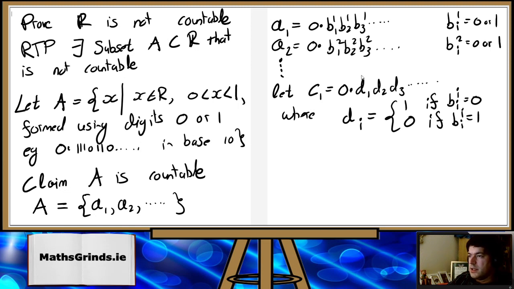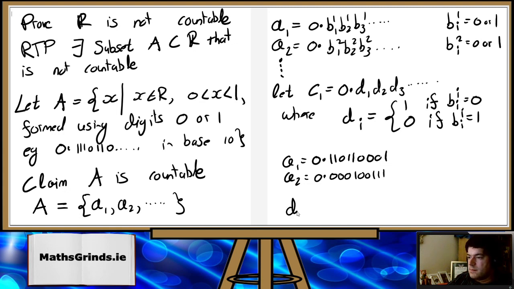So for example, let's say A1 is 0.1101100001 and A2 is 0.000100111, etc. List them all out.